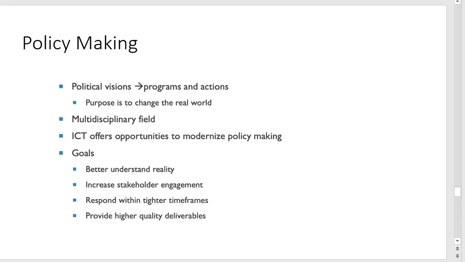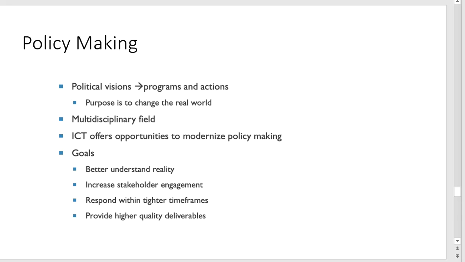Policy will use different types of ICT, and the application of ICT definitely helps policy making. It creates different opportunities, improves the policy quality, and improves the adaptability of the policy. Next, a policy should have certain goals: better understand reality and increase stakeholder engagement.